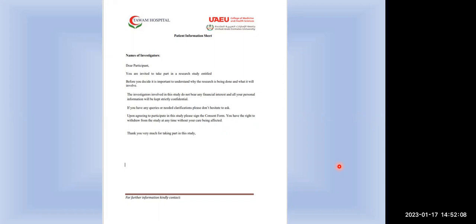And in summary, let me summarize the important points for you: ethics approval is mandatory for any research to be done inside our university.